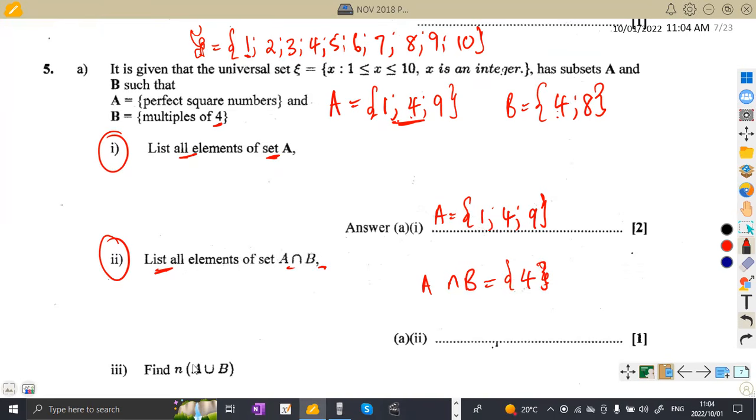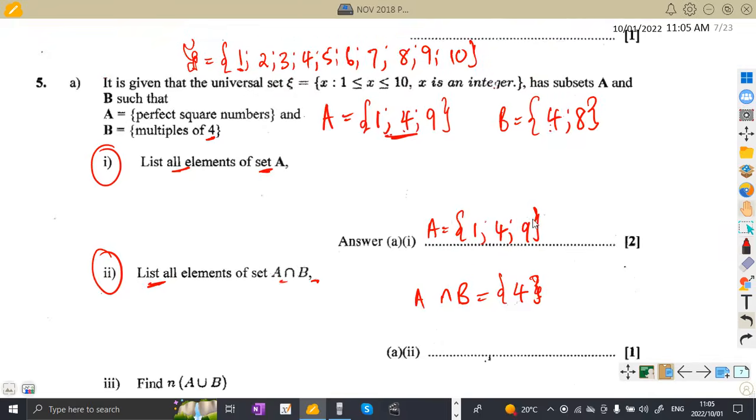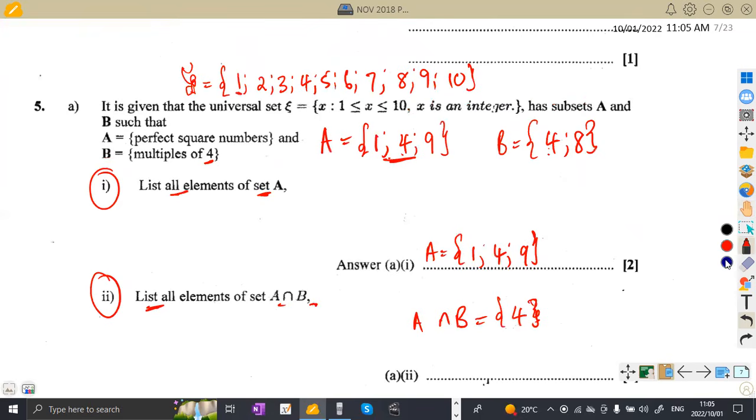Then find the number of elements in A union B. So here, guys, we are finding the number to say how many elements are there in this set. You are referring to the elements in the set. How many are they? So the first thing is for you to know your A union B first. So this is A and B. What is our A union B? Union is the combination of the elements together.